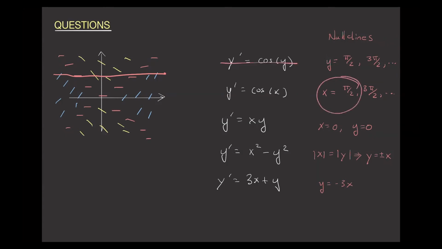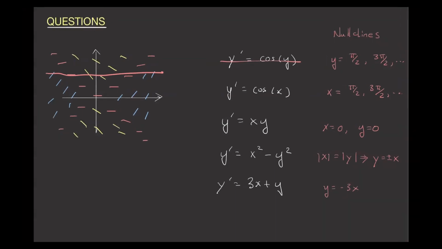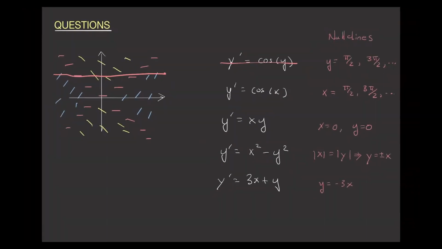Same thing with this case, when x is pi over 2, might look something like that. And we see that it doesn't match up here, here, and here. So that one is out, the null clines don't match. This one didn't match, this one didn't match. For the third one, x is equal to 0, that would be this whole line, but we have places where it doesn't match, so that doesn't work.